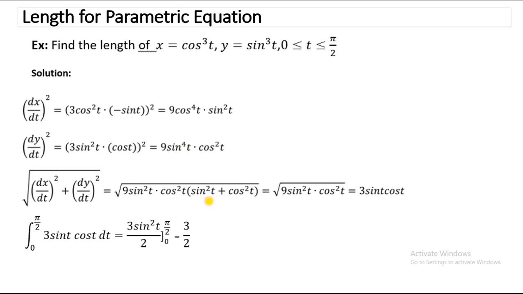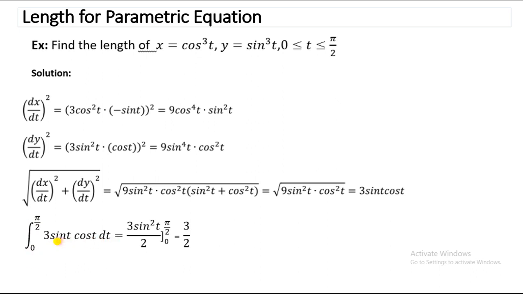I know that sine squared plus cosine squared is 1, so I get this. From the square root I get 3 sine t cosine t. I want to integrate from 0 to pi over 2 of 3 sine t cosine t dt.